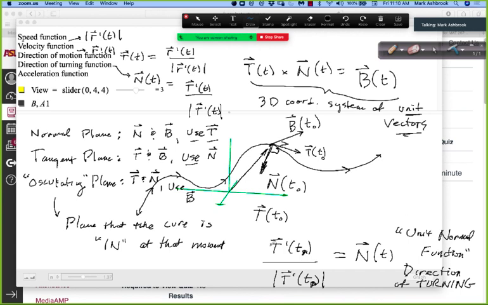N is not that. It's related: T is something of the first derivative of R, and N is something of the derivative of T. But N is not equivalent to R double prime. Other questions? All right, so let's practice.